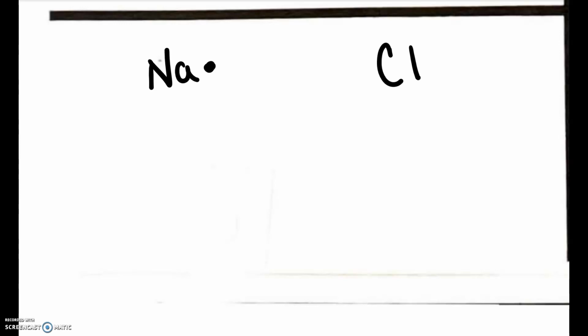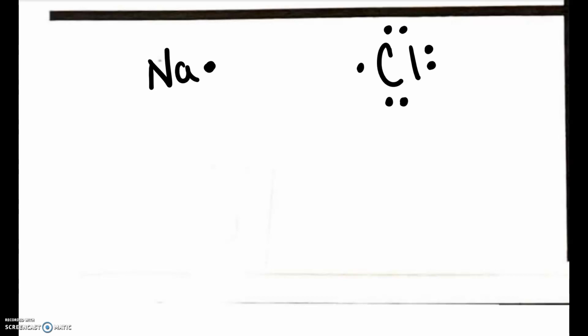Remember that underneath this valence shell, there's also a full electron structure. But sodium has one valence electron and chlorine has 7. So this is what the valence shells of these two atoms, a metal and a nonmetal, look like.